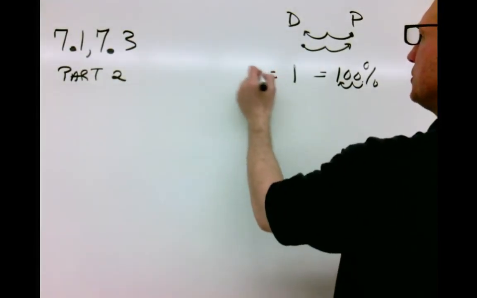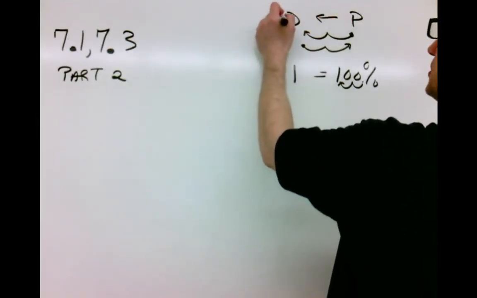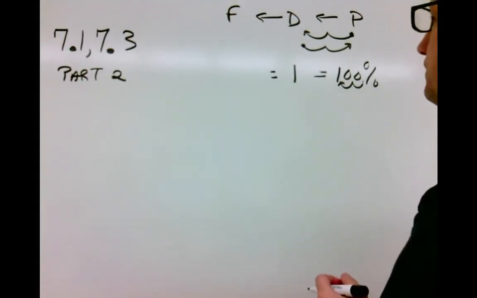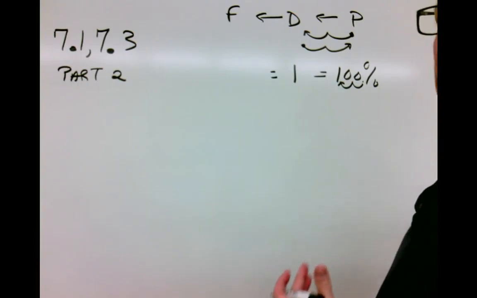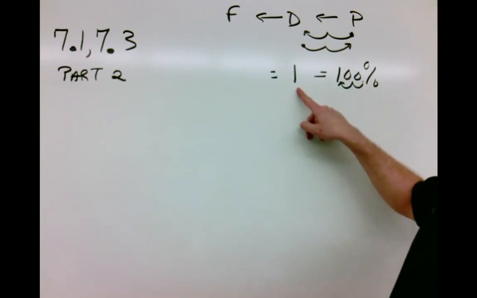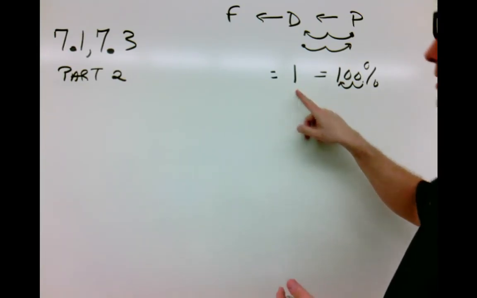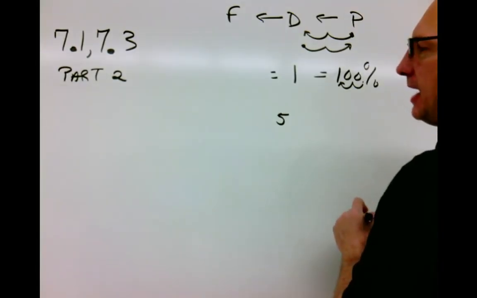If I wanted to go to a fraction, so percent to decimal, and now I'm going to go to fraction, how do I write any integer or any whole number as a fraction? I could put it over 1. So how would I write 5 as a fraction?